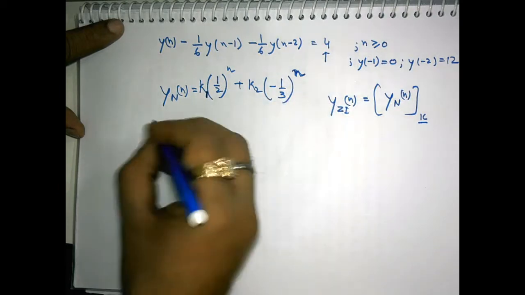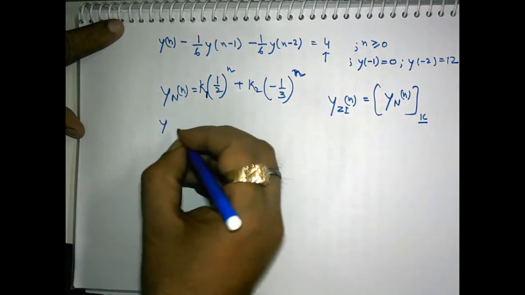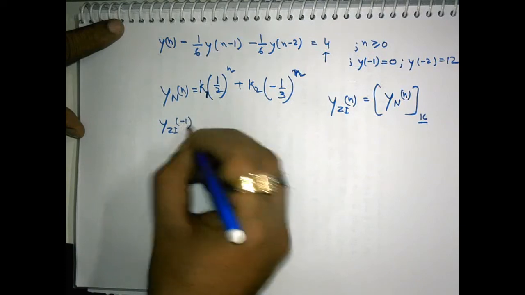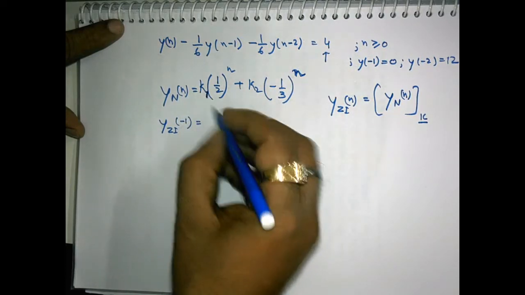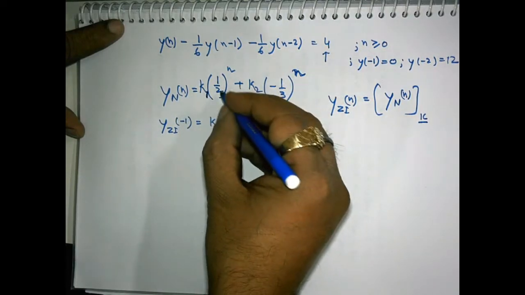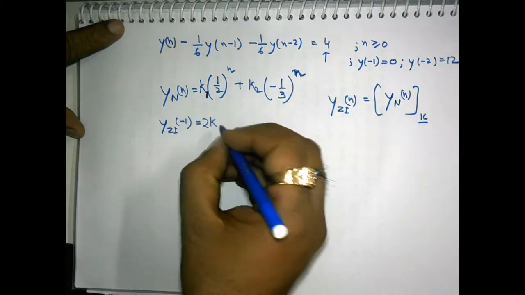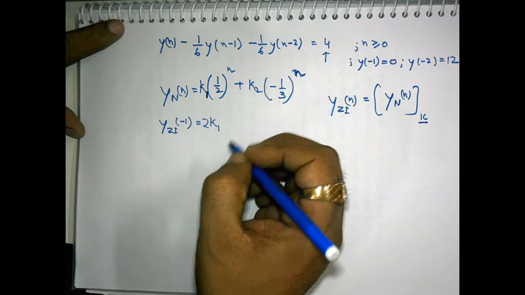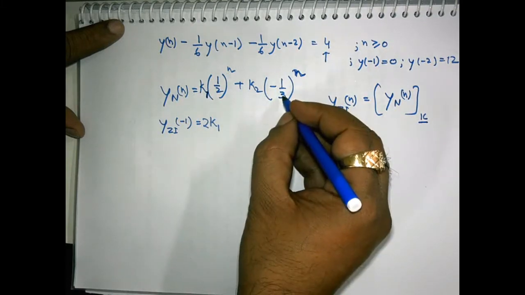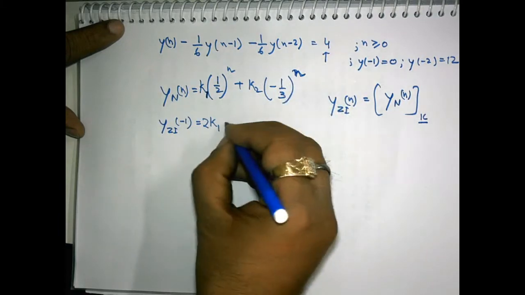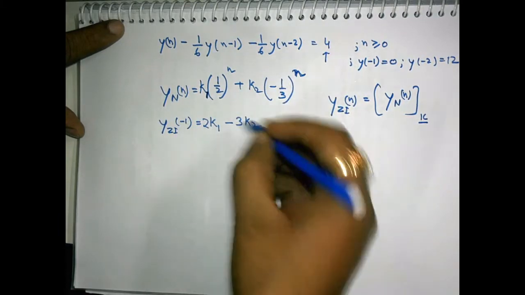Okay. So if you put the value y_zi for minus 1, this will be equal to k1 (1/2)^-1, means the thing will be reversed, 2k1, and this is k2 (-1/3)^-1. So naturally this will be minus 3 k2.